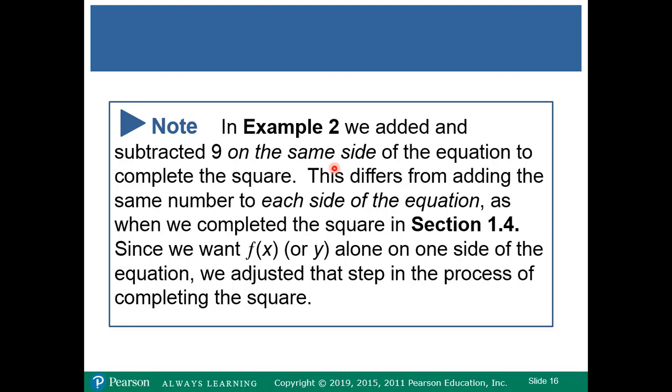But that's the same as adding and subtracting the same number on the same side of the equation. It's six of one, half a dozen of the other. Either you add and subtract the same thing on one side, or you add the same thing to both sides, or subtract the same thing from both sides of the equation to keep it balanced.